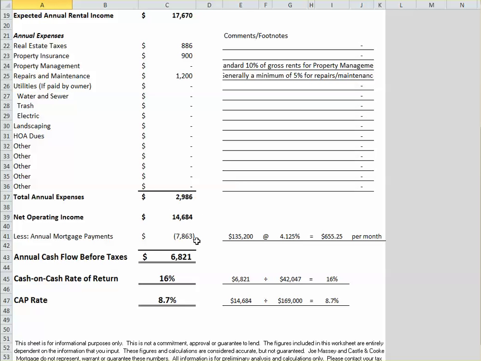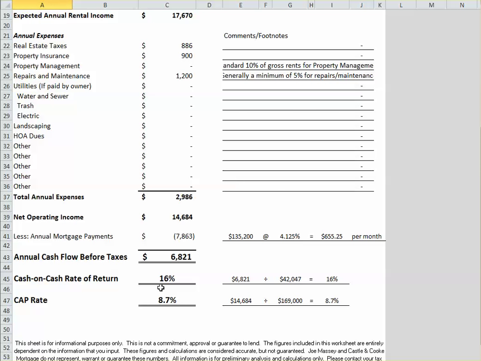Less our annual mortgage, which is the $135,200 at 4 1/8 on a 30-year, gives us annual cash flow before taxes. All of this is before taxes because your tax rates will vary, of $6,821, giving us a cash-on-cash return of 16%. Now that's a very important number.